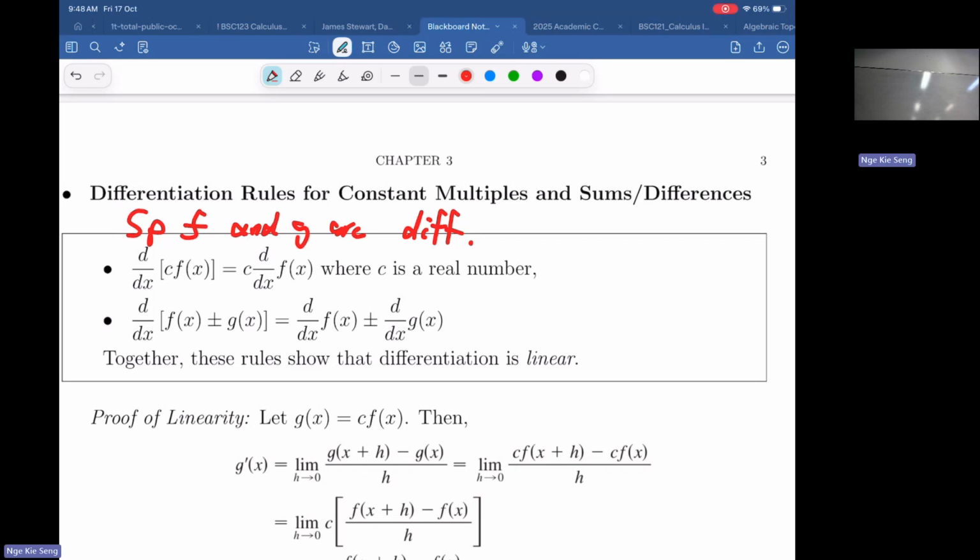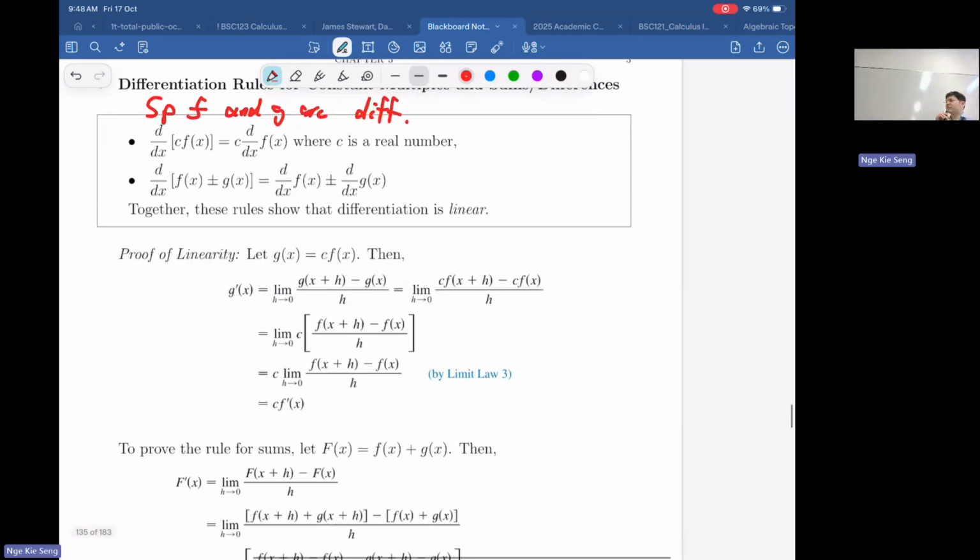If you compute the derivative of the sum of two differentiable functions, you could just add the derivatives of the two functions. Is it convenient? Otherwise, you need to do the limit thingy on the sum function or the scalar product function. So this is very convenient. There's a proof here, if you want to go through it. Actually, these proofs are very elementary, so you can use the limit law to prove it.